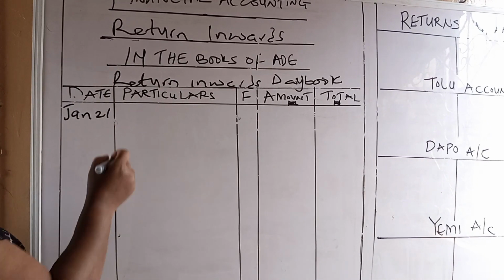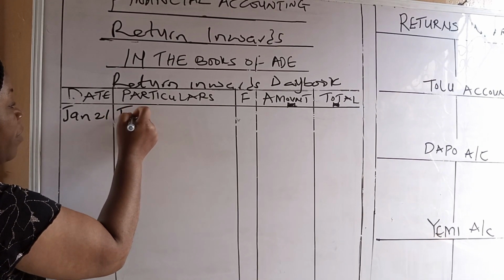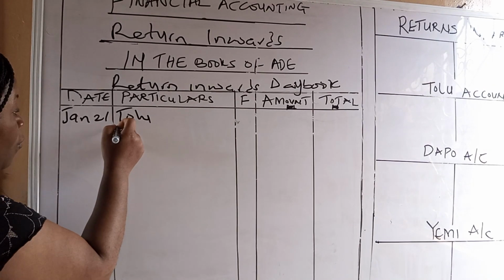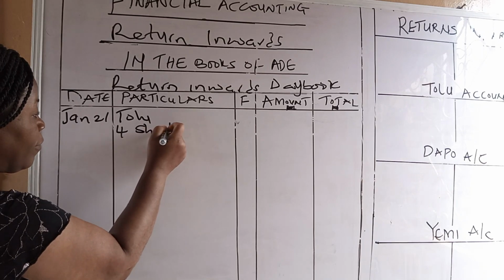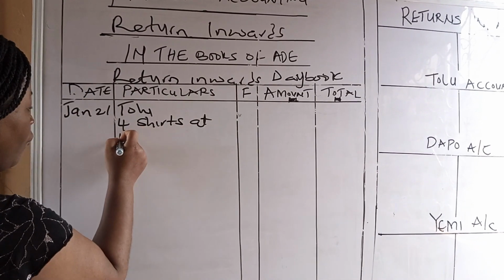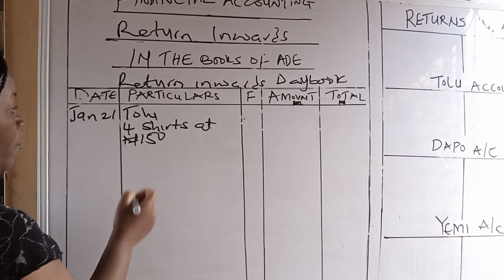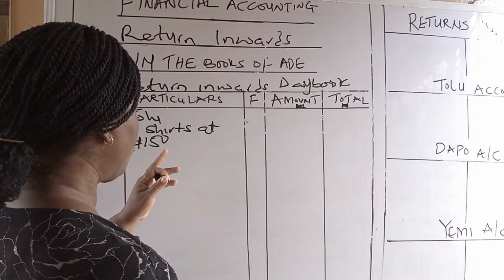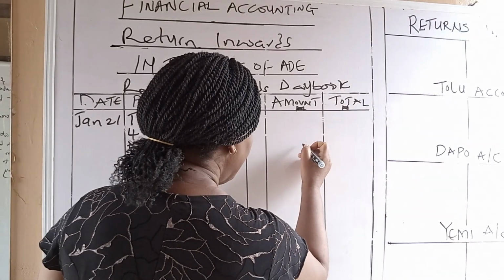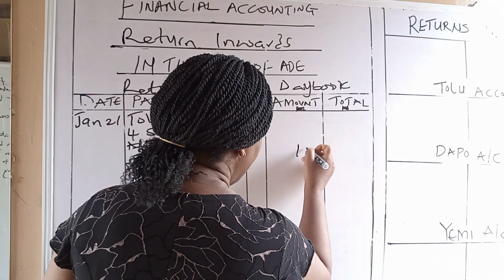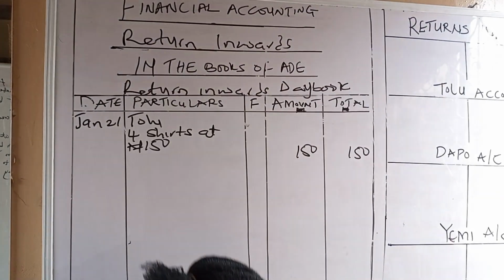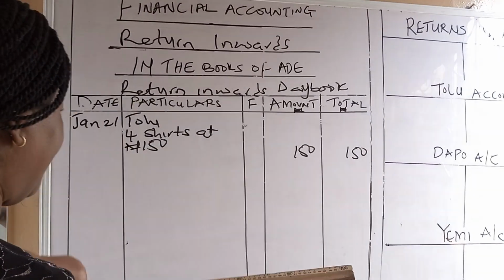Tolu will be the first thing we write in the particular column. Then what Tolu returned: 4 shirts at 150. So the 4 shirts summed up to 150. We write 150 in the amount column as well as the total column, then we close the transaction.